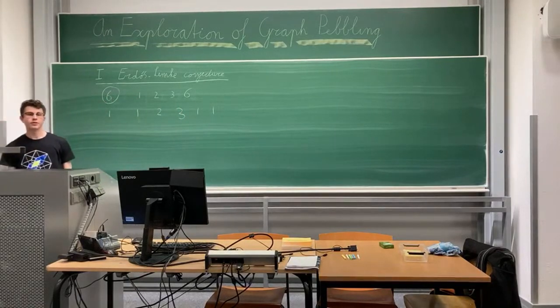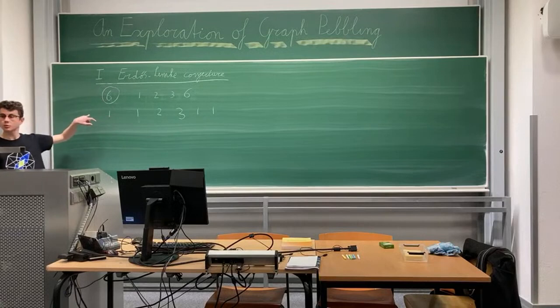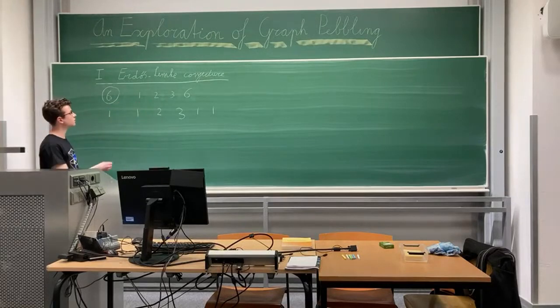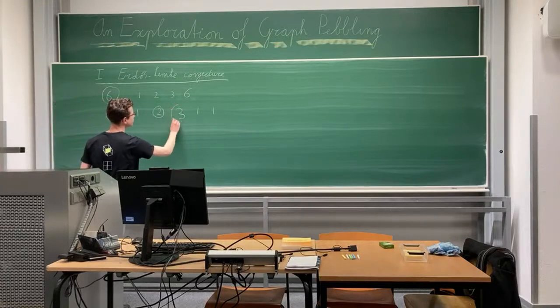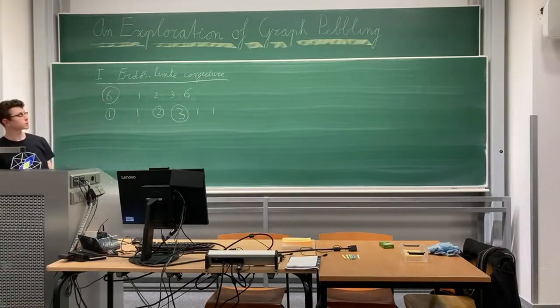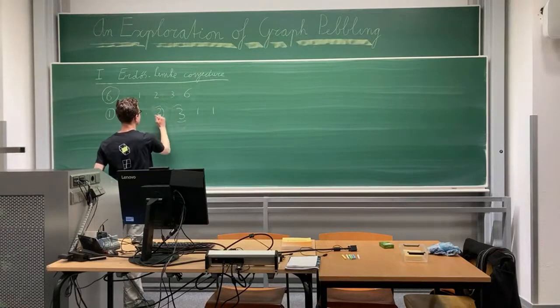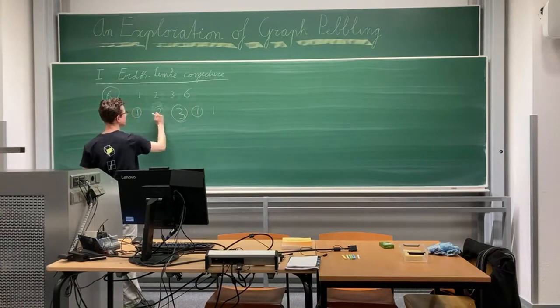And now, according to the conjecture, well, it's proven, so it's a theorem, no matter how we pick these 6 numbers, we can always pick some of them that together sum to 6. In this case, we could pick a 1, a 2, and a 3, and then we have 6. But we have other choices as well. We could also pick the 3 and then 3 1s, for example. So, like this.